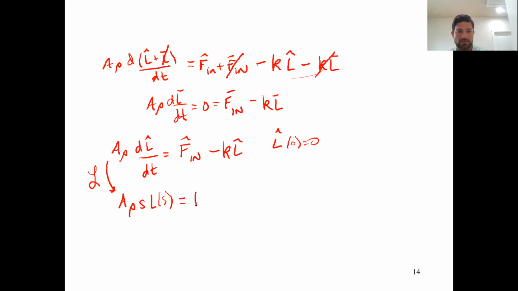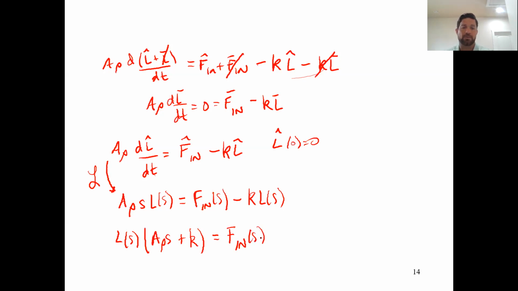That equals the Laplace of this term, which is just the function Fn in the Laplace domain, minus K times L in the Laplace domain. I'm going to group the L terms together, so I have on this side L in the Laplace domain times A rho S plus K, equals Fn in the Laplace domain.